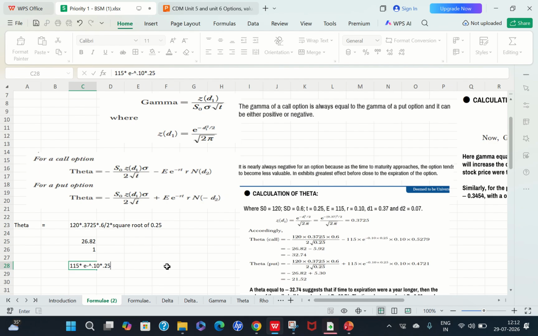Into e to the power of minus rt, into, we will have to substitute the rate of interest, right? So 0.10 into N(d2). What is N(d2)?